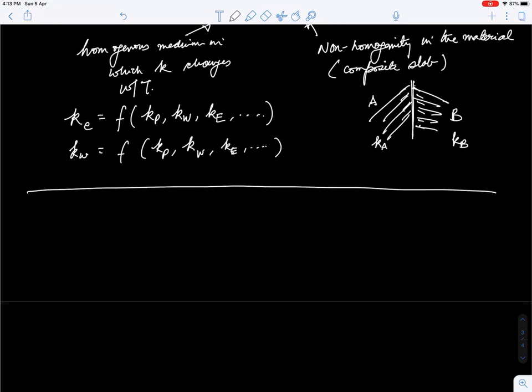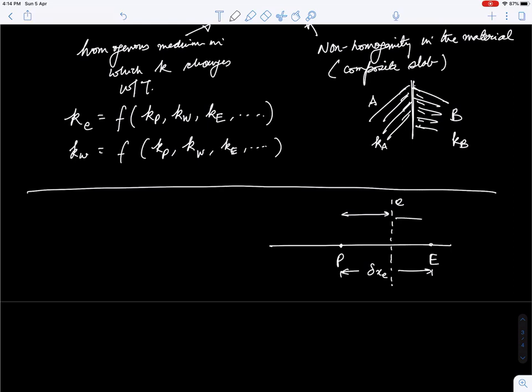Let's go back to the grid, so we have point P and point E, and let's say the control volume face is somewhere, I don't know where it is, that we'll discuss later. So the distance between these two points is delta xe. Just for nomenclature, this is the face e.